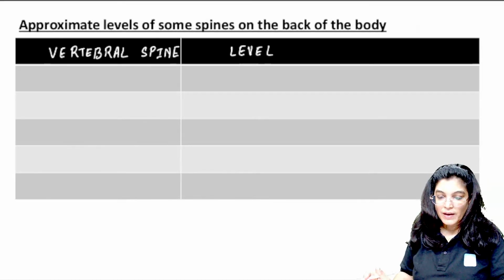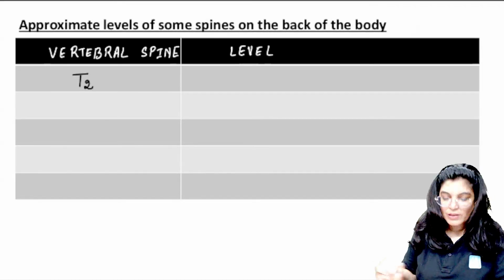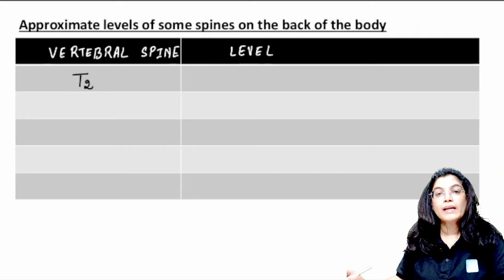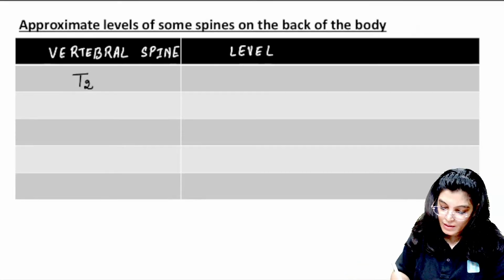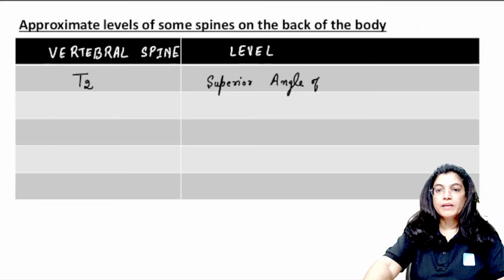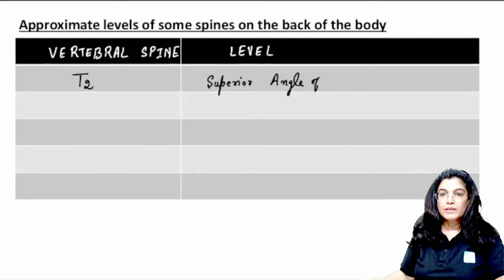If I am talking about the T2 level, that is the 2nd thoracic vertebra spine level, it corresponds to the level of the superior angle of the scapula.